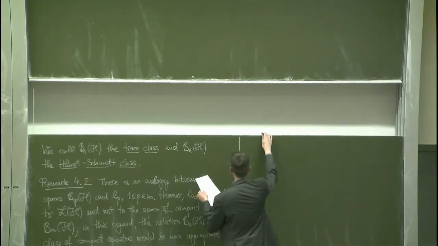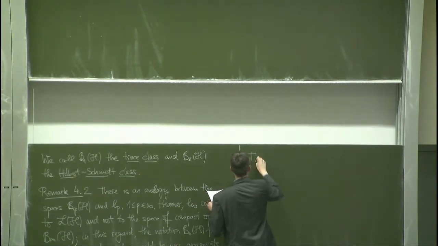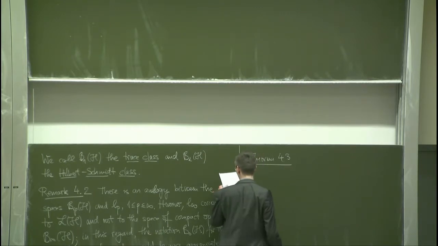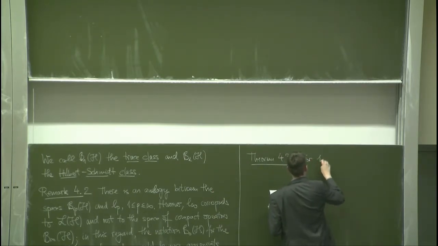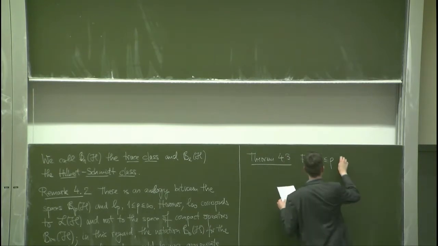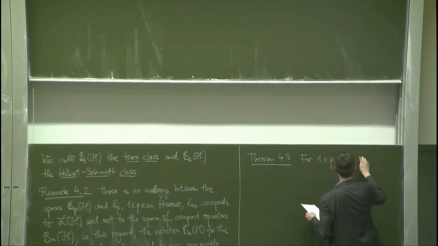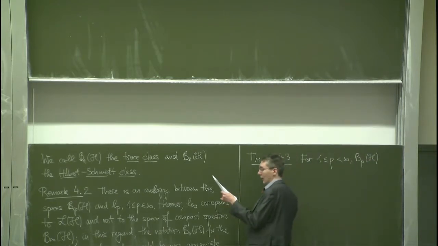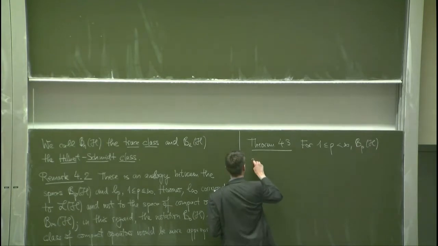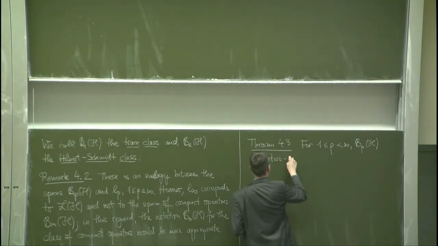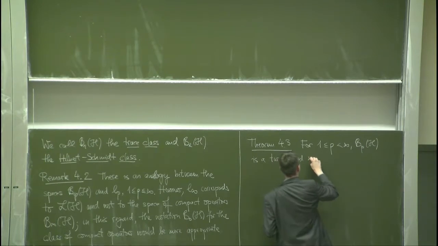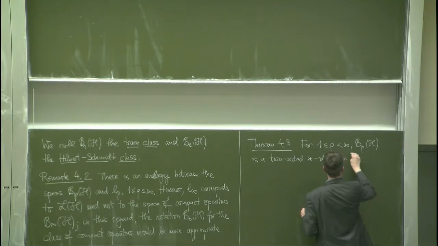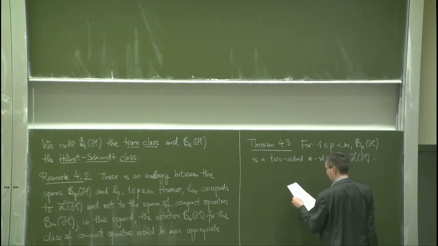So this is theorem 4.3. We claim that for p bigger than or equal to 1 and smaller than infinity, the class Bp of H is a two-sided star ideal in L of H, meaning precisely that.